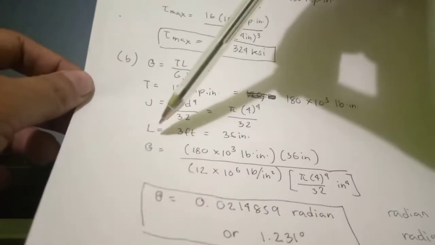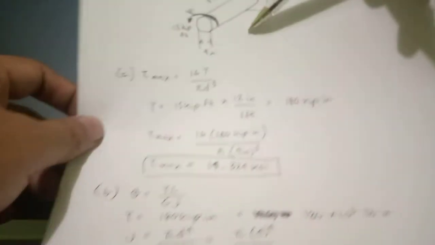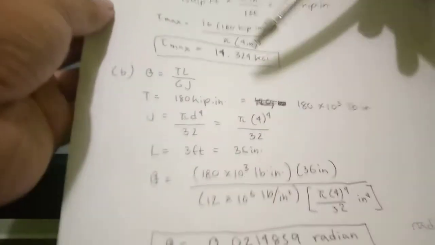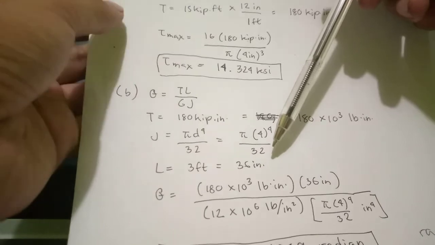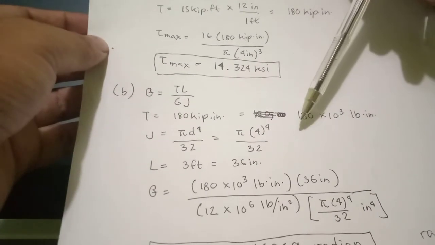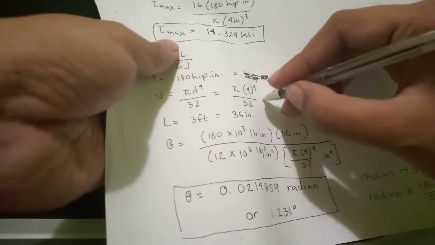Okay, so L, the length of your shaft, is 3 feet. I convert it into inch so that we will have uniform units. The units of this J is actually inch to the power of 4.